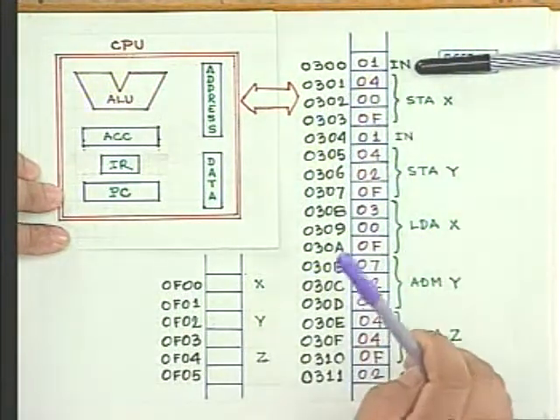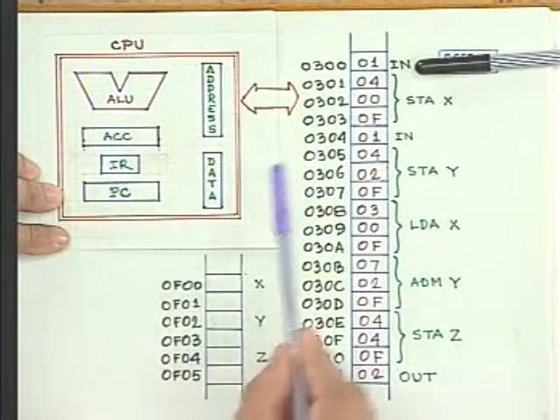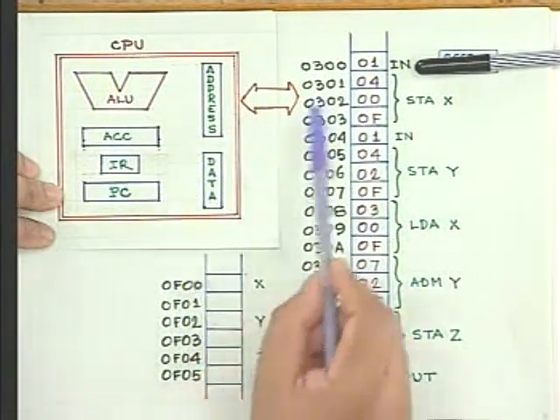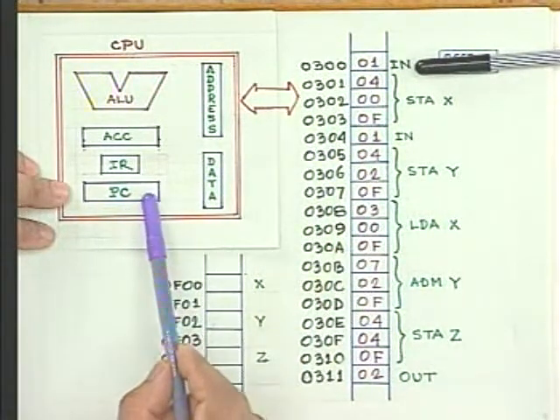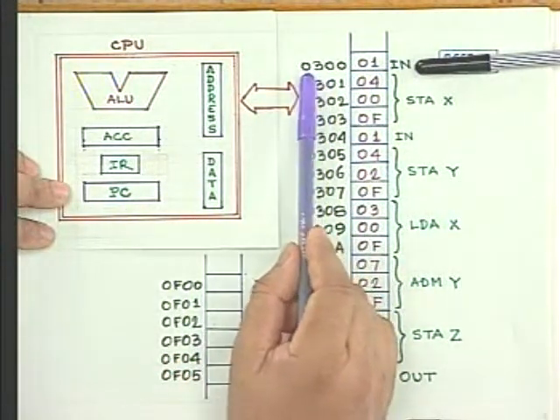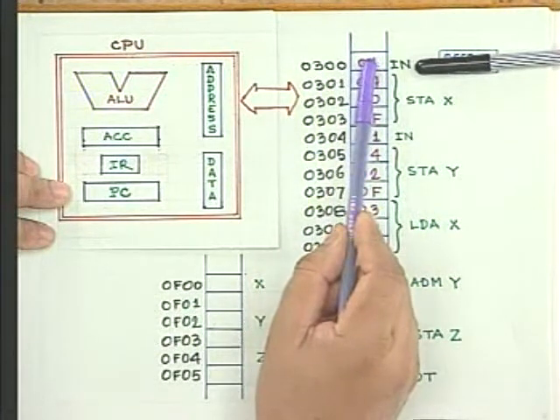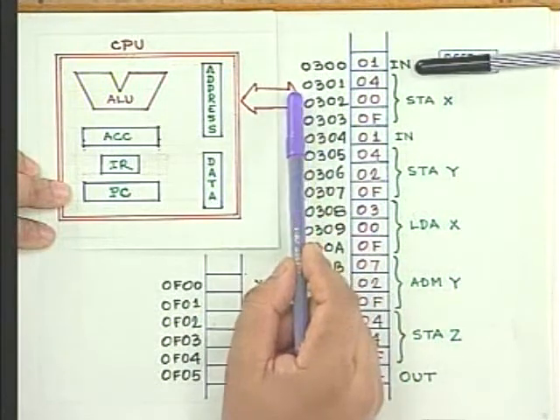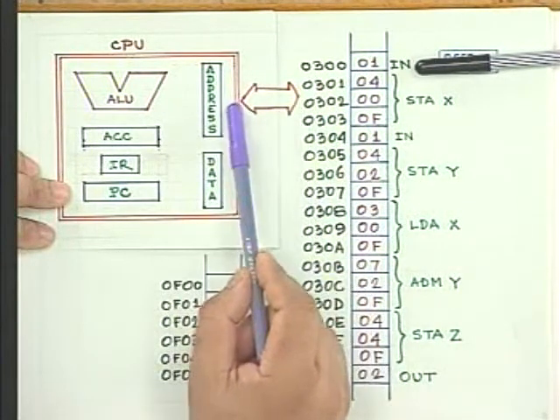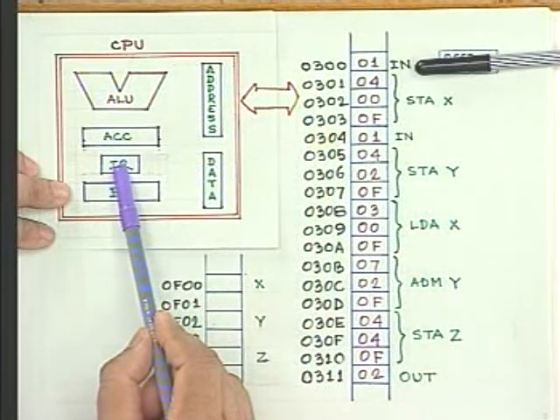The program counter now contains 0300, which means that instruction is going to be executed next. Whatever is the content of the location pointed to by the program counter, that means 0300, its content is taken out, we call it fetched from that memory, and is brought into the instruction register.